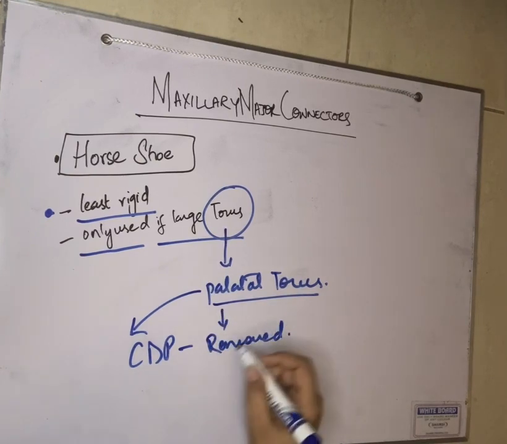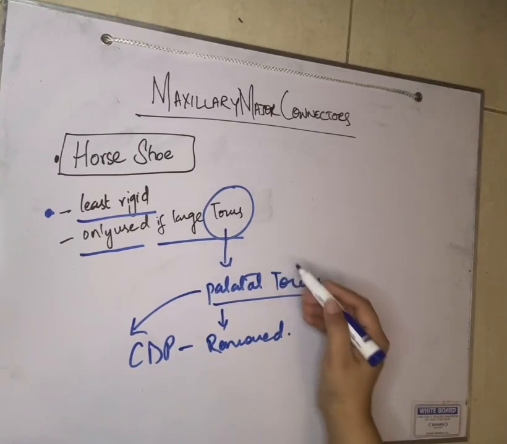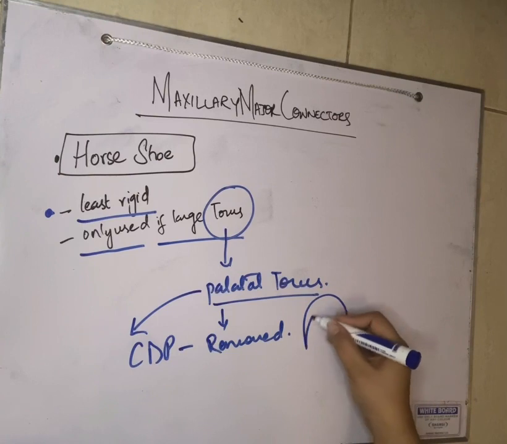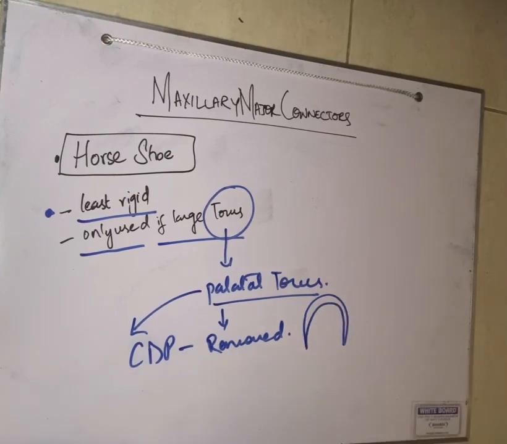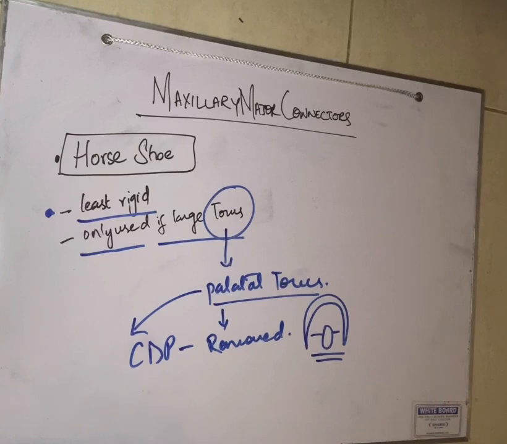However, this is not the case with major connectors. In an RPD we can give a horseshoe shaped design which may not interact with the palatal torus, with the major connector.